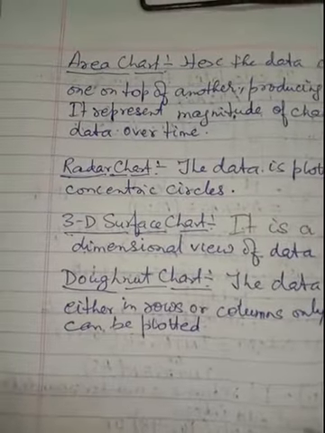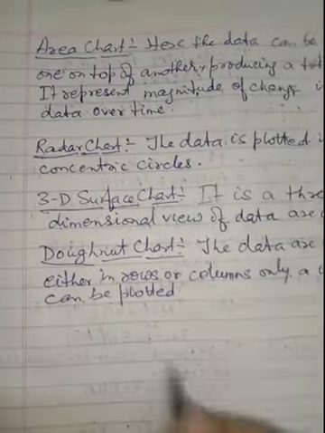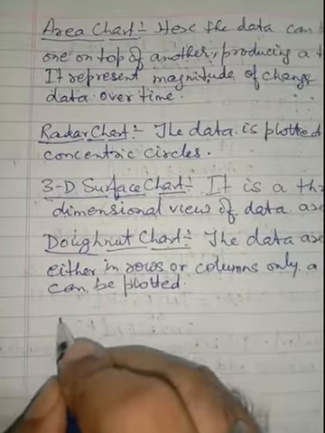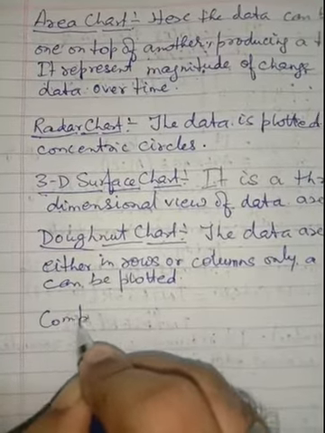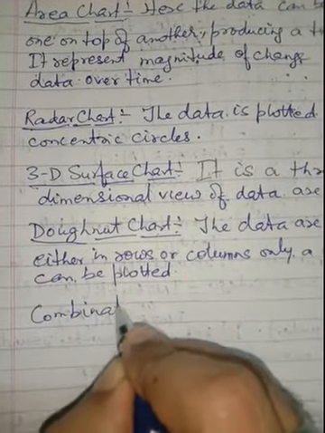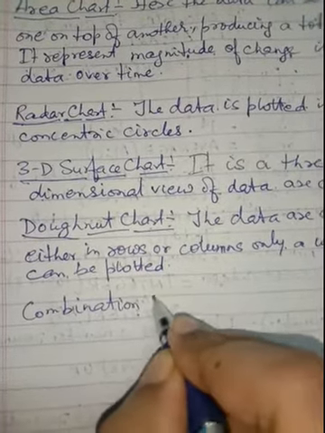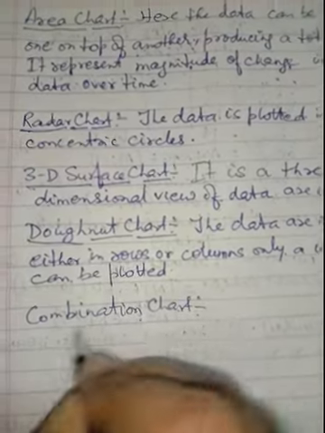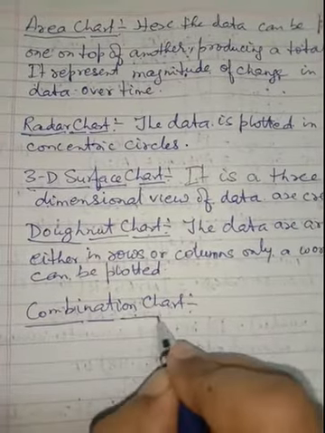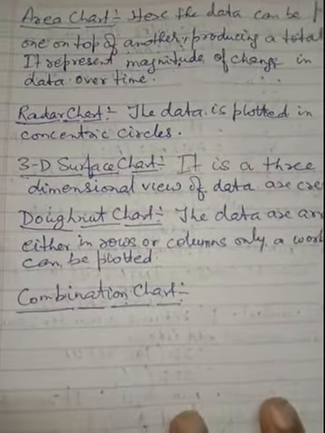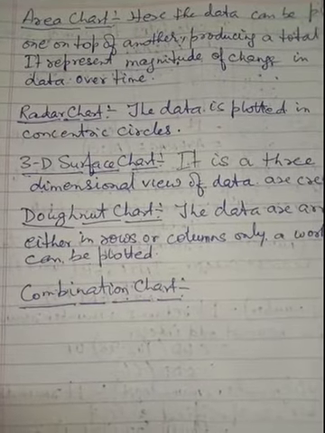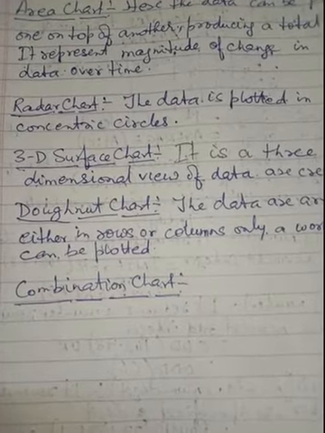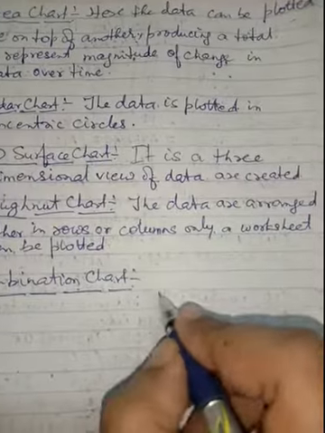Next we have the combination chart. A combination chart is a chart that combines two or more charts into a single chart. So what does it do?